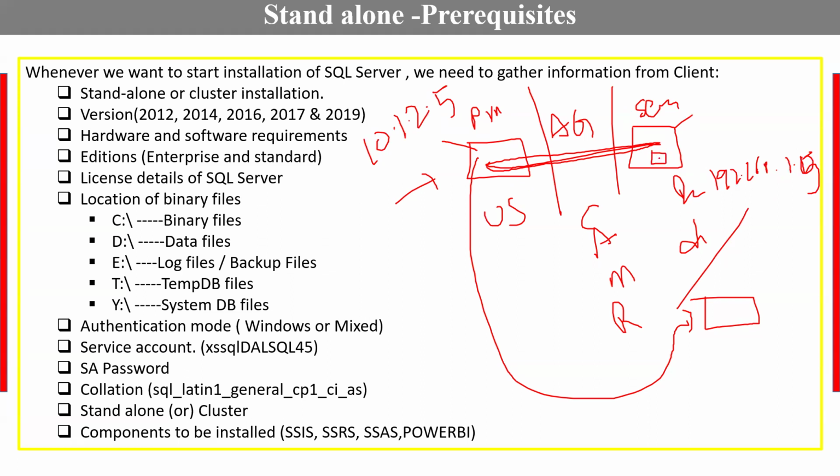If I want to access this network file, first you need to make a bridge between these two servers, right? That's the first thing. The next thing is you need to grant the permission to the SQL Server, right? That's the second thing.